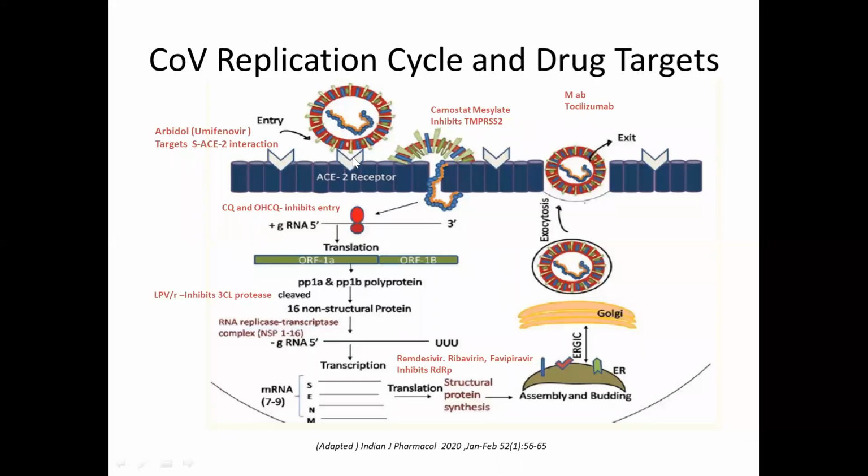Now, the trimeric spike has two portions, the S1 and the S2 portion. And the S1 portion is important in binding in the receptor domain that will recognize as a ligand that cell surface.